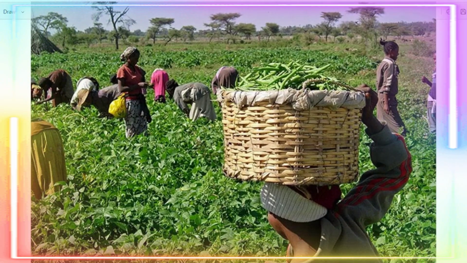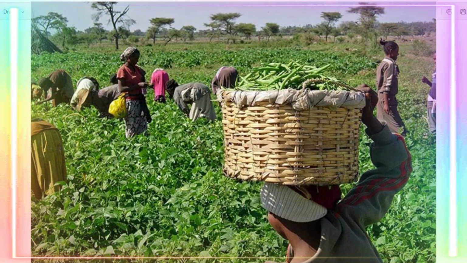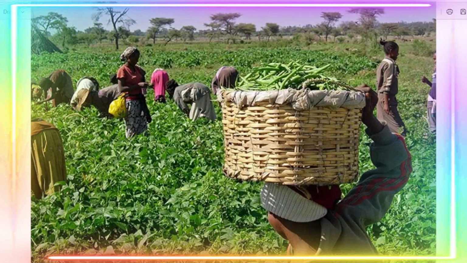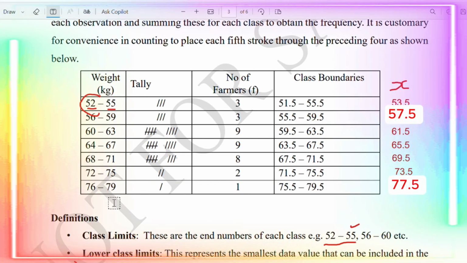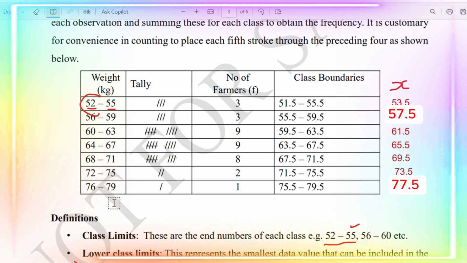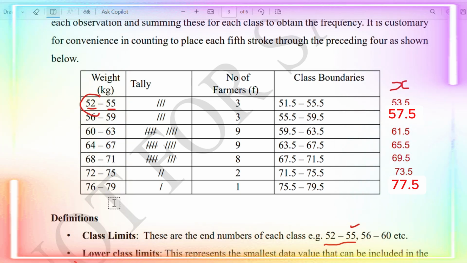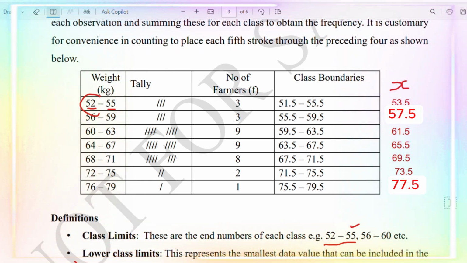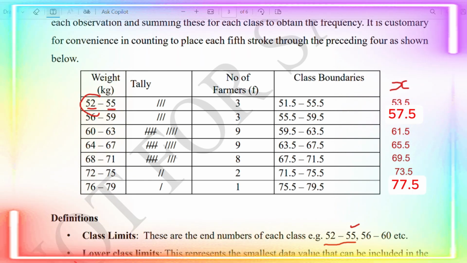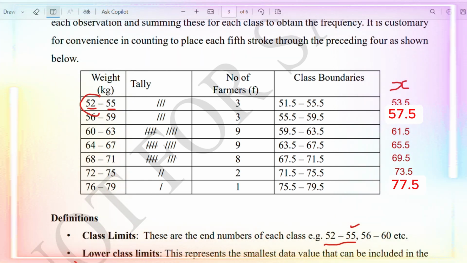76 plus 79, that will give you 155. Then divided by 2 should give you 77.5. I hope you understand that. I hope you get that.